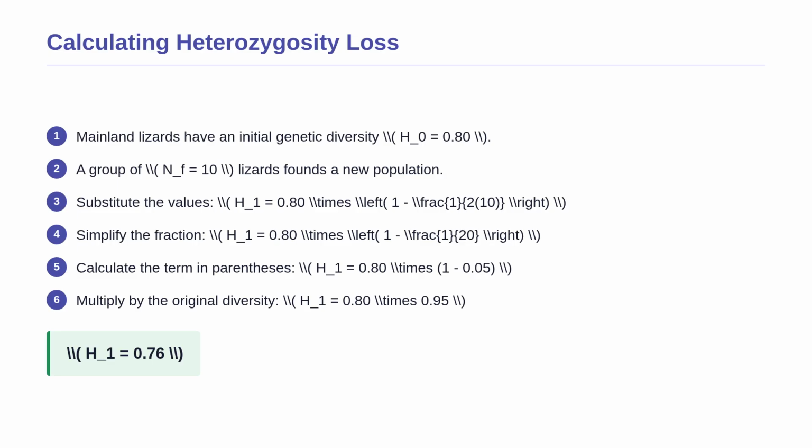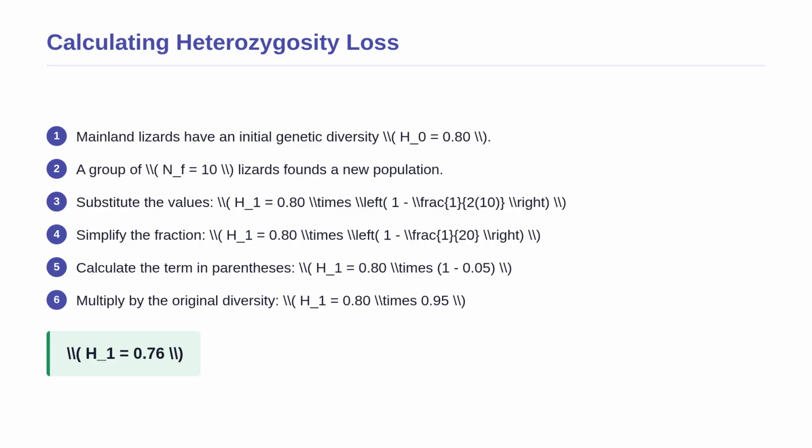We want to calculate the expected genetic diversity, H1, of this new population. We substitute H0 equals 0.80 and NF equals 10 into our equation. The fraction becomes 1 divided by 20, which is 0.05. This means 5% of the genetic diversity is lost immediately.